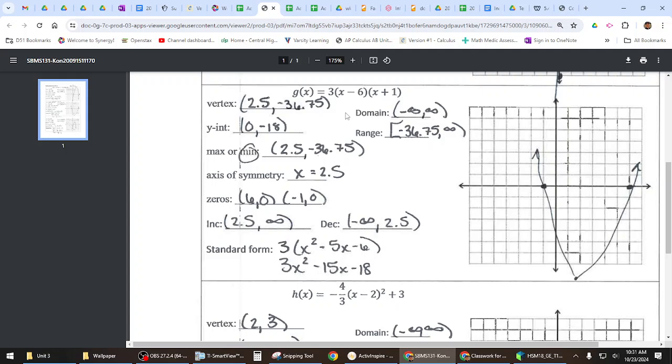It's 3. Yeah. So a is positive. So it's a vertical stretch, opens up, all those things that we know from that. And zeros are easy in this form. So once you have it graphed, hopefully everything went well.